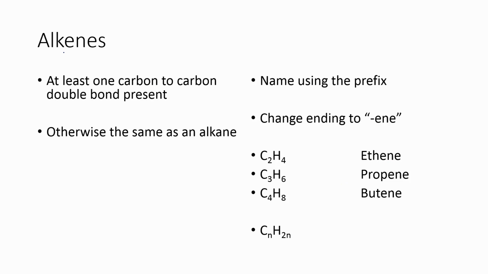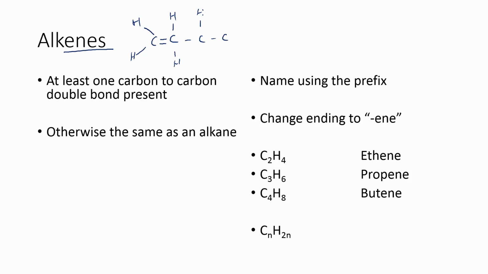For alkenes, alkene just means that there's a carbon double bond present somewhere in the molecule. That takes up some of the possible bonds, so there are going to be fewer hydrogens attached to those carbons.